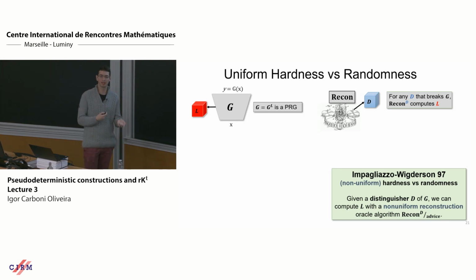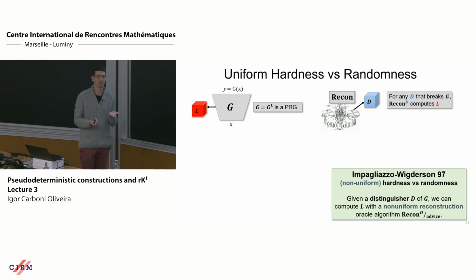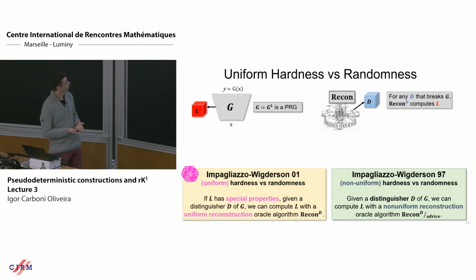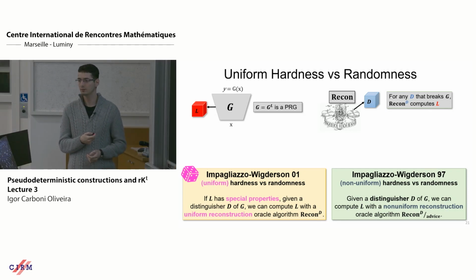So it will work in a setting where advice is not expensive, okay? But in our applications, what we would like to do is to generate primes. So we're trying to fool a uniform test, let's say the AKS algorithm. So we won't need such a powerful generator. We only need to fool uniform tests. So for that, we can rely on the uniform hardness versus randomness paradigm, which is an extension of this result.